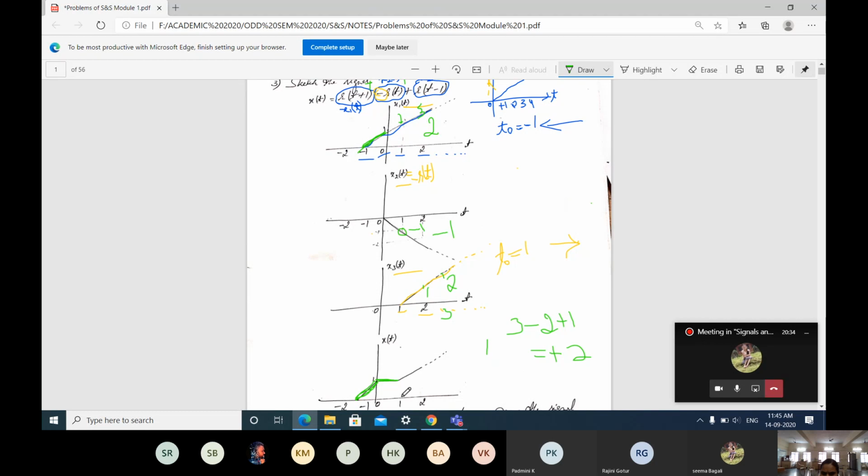So from 1 to 2, the magnitude is going to be increasing by a value of 2. You can highlight it or skip it here. You can write plus 2, or else 2 also you can write.